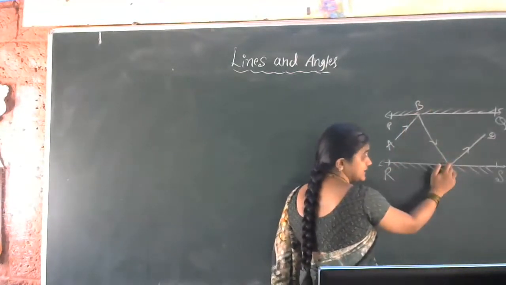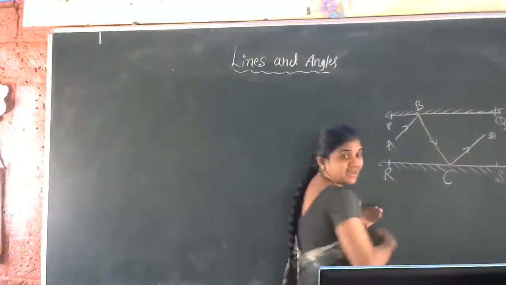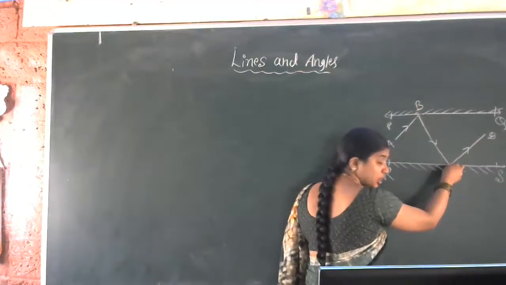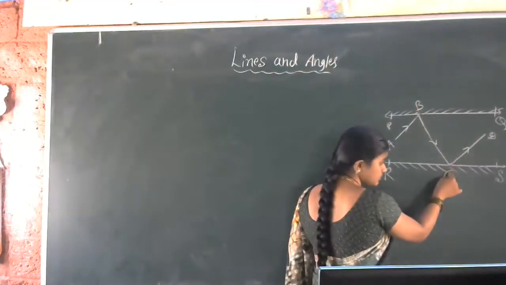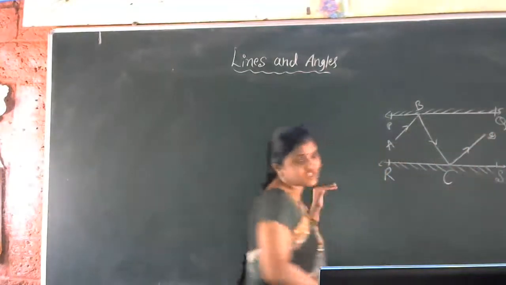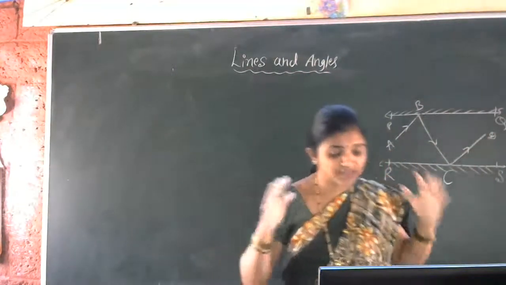Because the mirrors are parallel to each other, the reflected ray is again incident on the mirror RS at point C, then it reflects in the direction CD. This is actually the question.